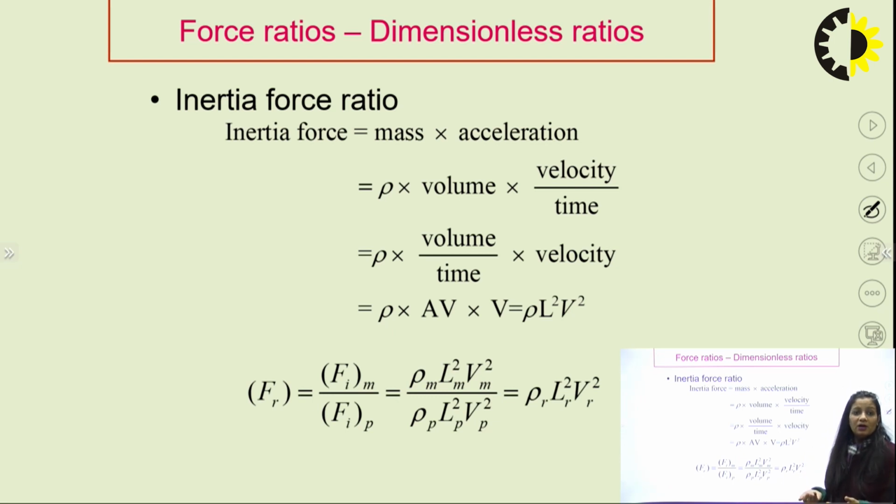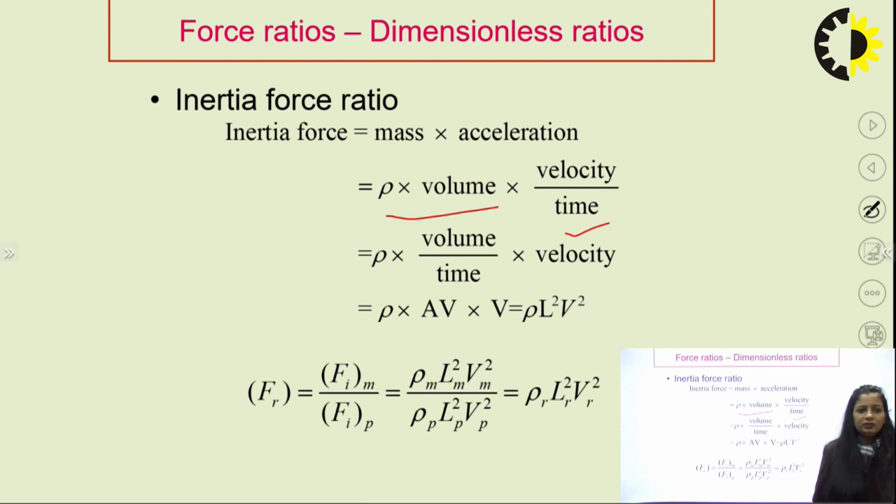It is simple: mass multiplied by acceleration. Now mass can be written as rho multiplied by volume, and acceleration is velocity divided by time.